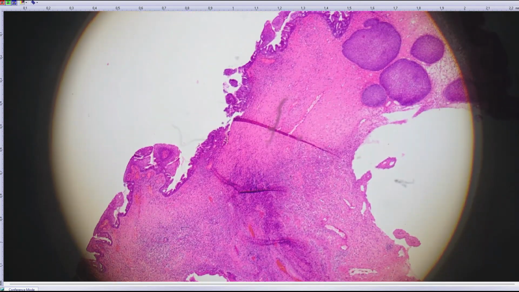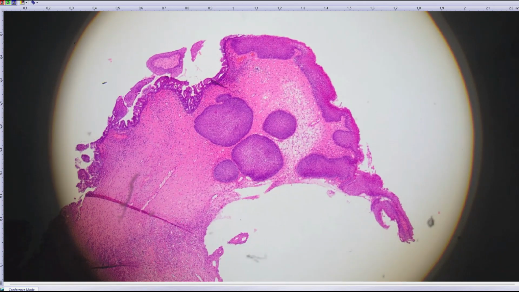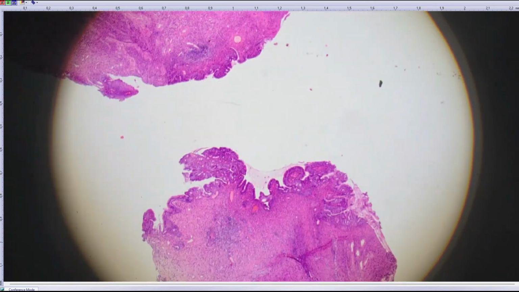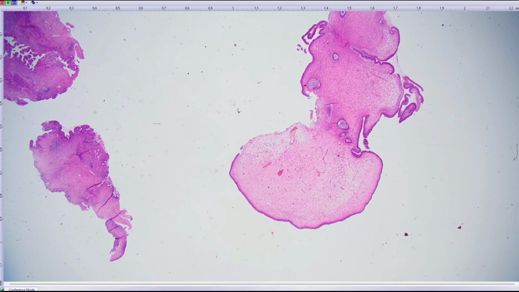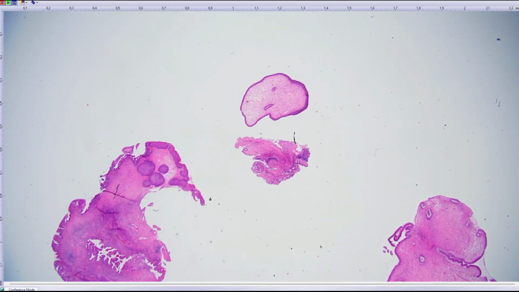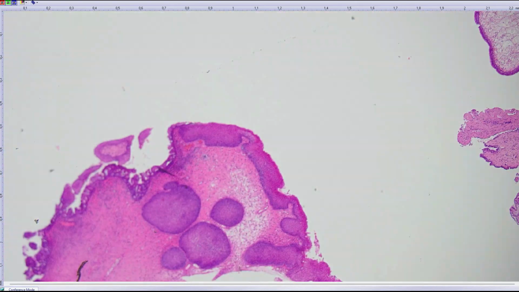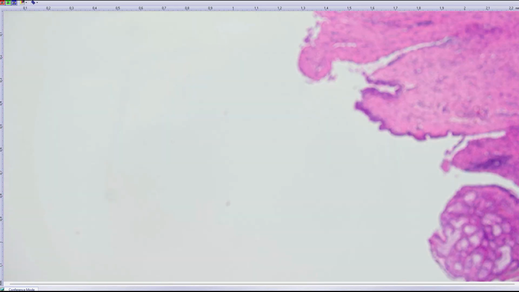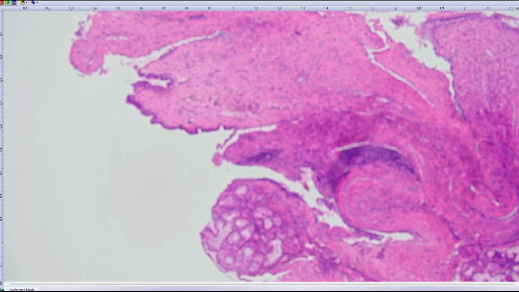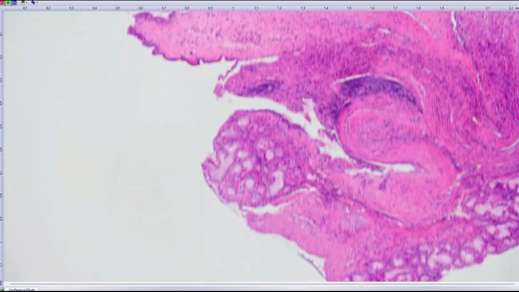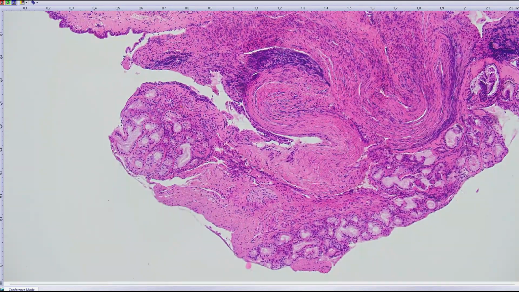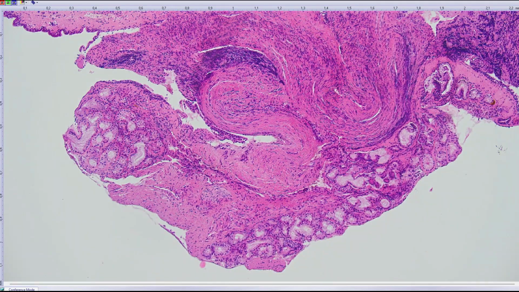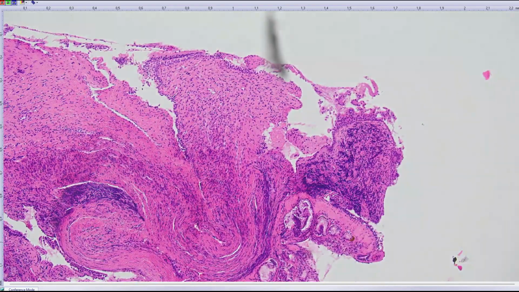And we found this. That means it had typical areas of inverted polyp, but in addition to inverted polyp, we found here seromucinous hamartoma, but it's not all.